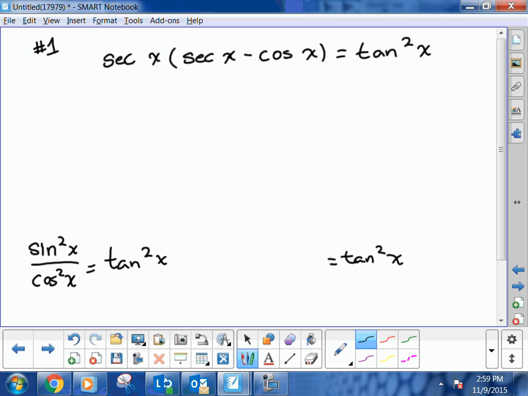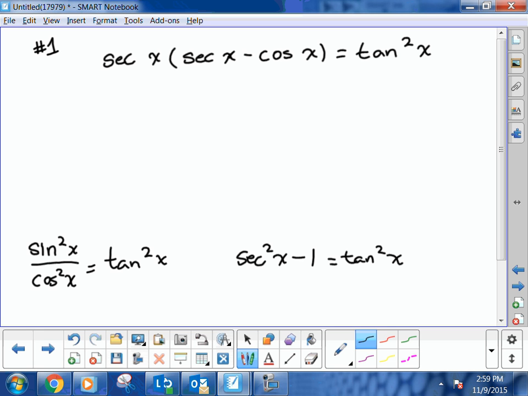That one comes in handy at times. The other one we developed as well is secant squared theta minus 1. The reason I list both is that eventually we're going to have to get from this equation to either the one on the left or the one on the right. So I want to put a little goal out there so you know where we're heading.